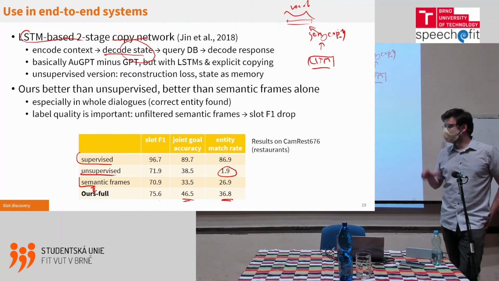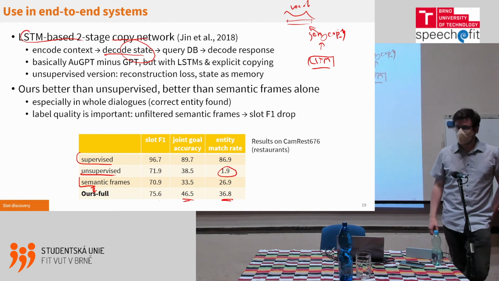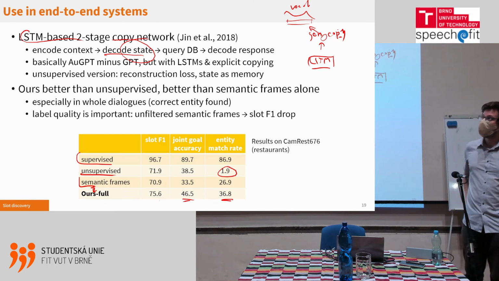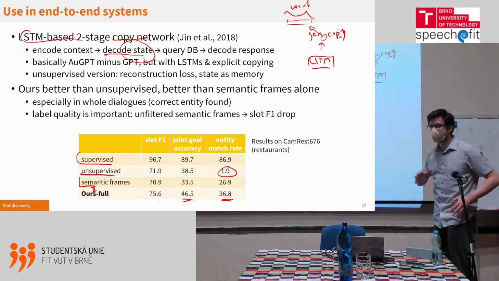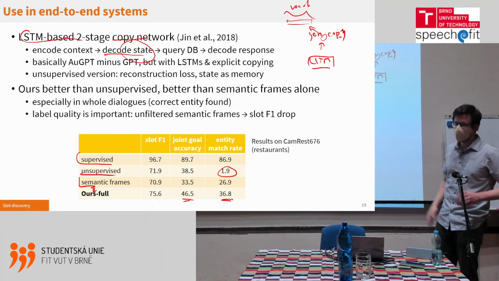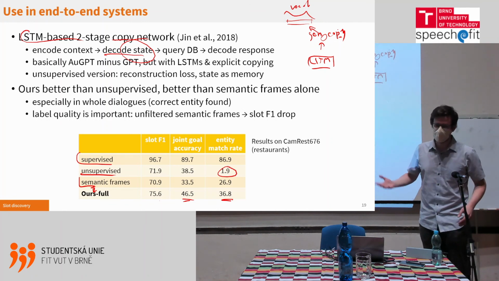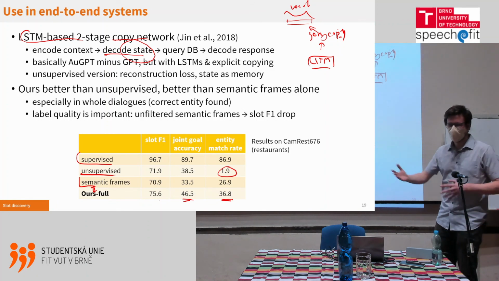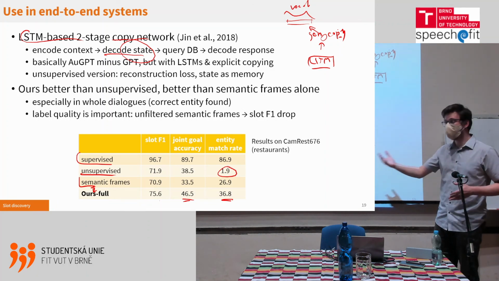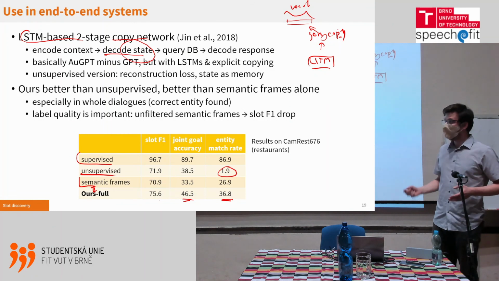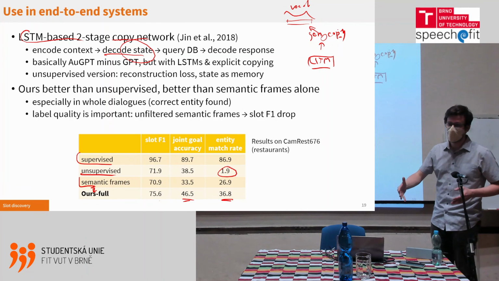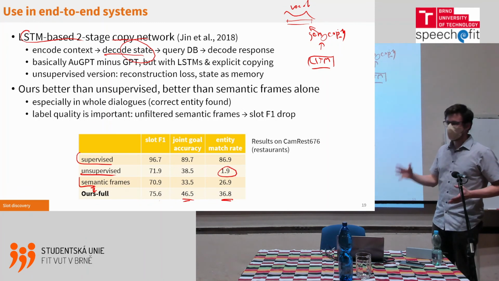Right. BlenderBot is an architecture that's specifically trying to work in non-task-oriented systems. So it's mostly aimed at stuff like, hello, how are you? Do you have a pet? Do you like skiing? This kind of question, and you just chat to it in a very general way. It's not built to track the dialog state and have an explicit representation of user preferences.